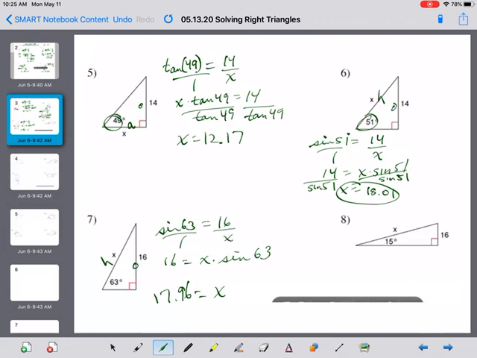And then number 8, opposite and hypotenuse, so sine of 15 equals 16 over x. Cross multiply. Divide both sides by sine of 15. 61.82.